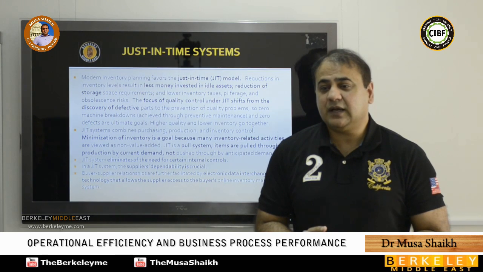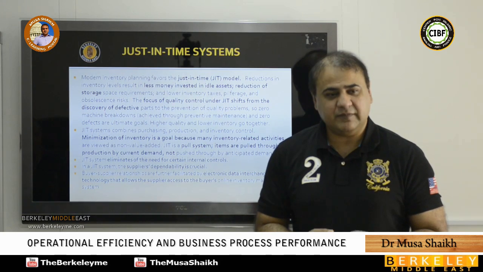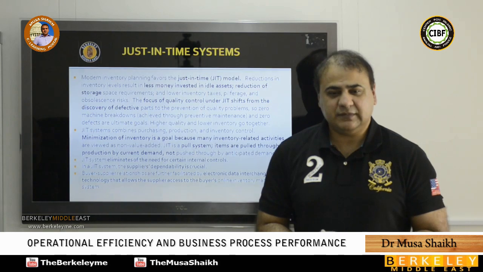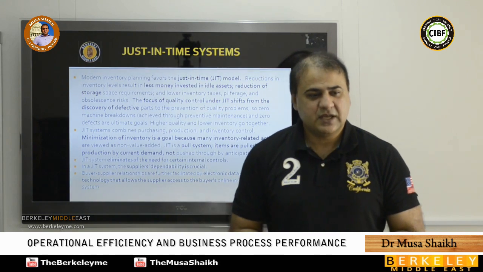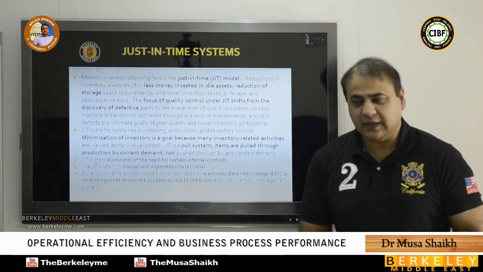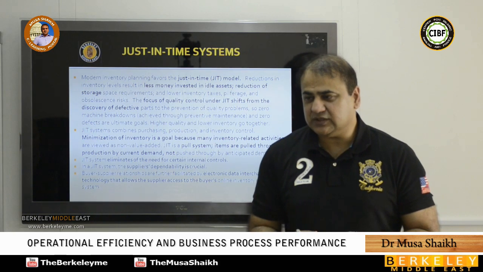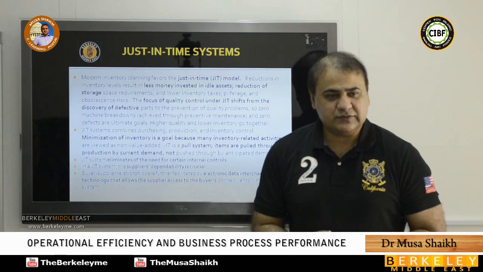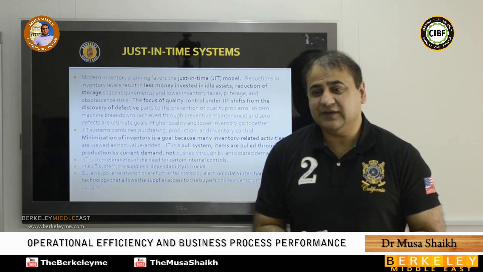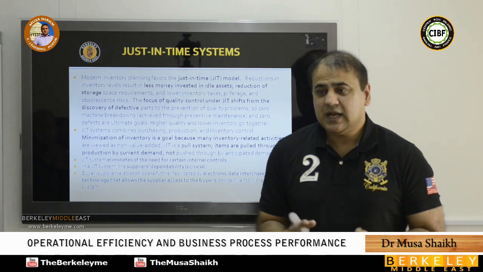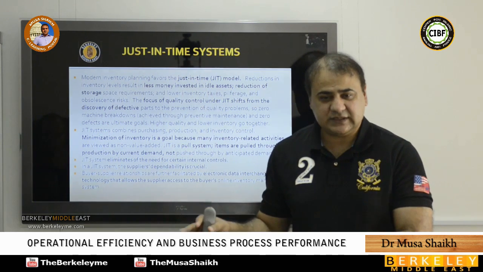Then it may be perishable stuff, it may be out of fashion. Maybe you bought some t-shirts of a specific type and the fashion changes and now you are unable to sell it. So there are a lot of risks involved in maintaining a traditional inventory management system.